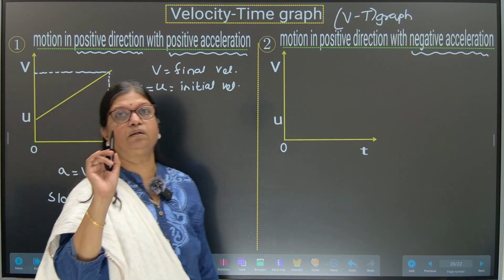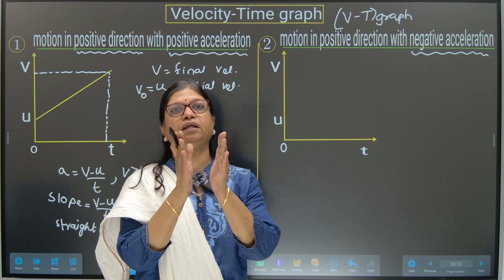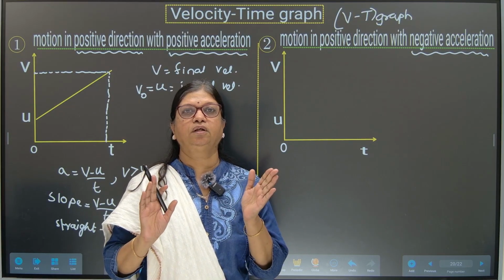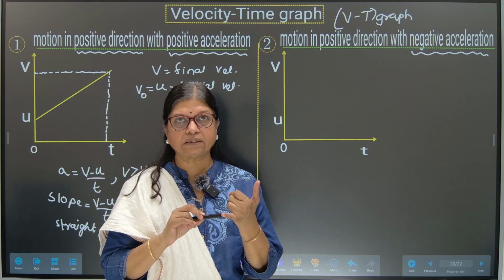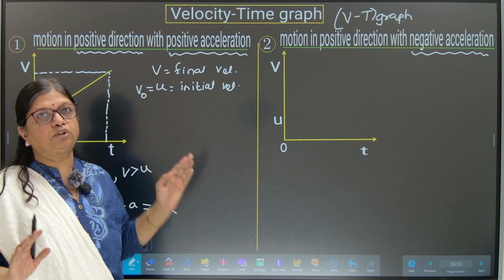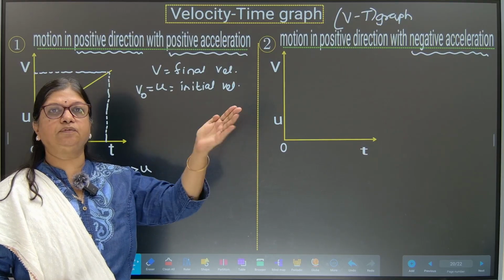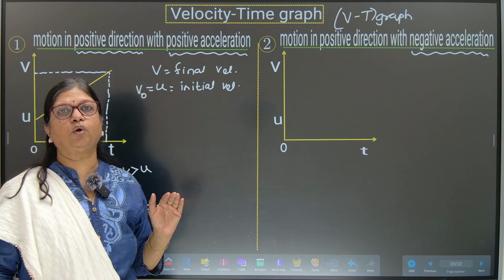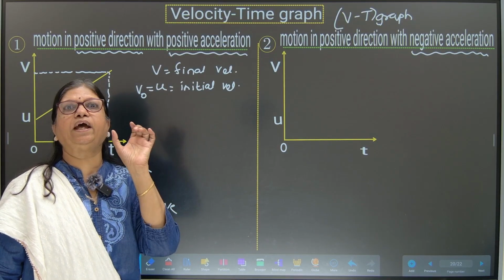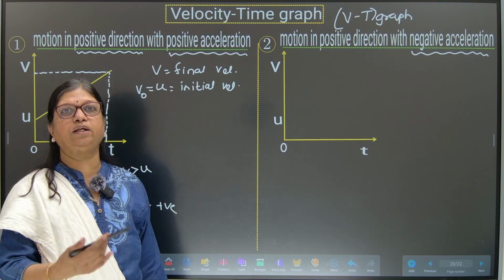So given one condition, the other conditions should follow, either looking at the graph or looking at the conditions given to you. So if it is a positive acceleration, positive direction, then the graph is this. Straight line going upwards. Slope is positive, definitely. How do you calculate slope? The y-axis ordinates divided by the x-axis ordinates. Simple. That is the way to calculate a slope.